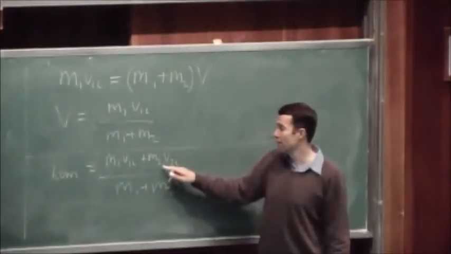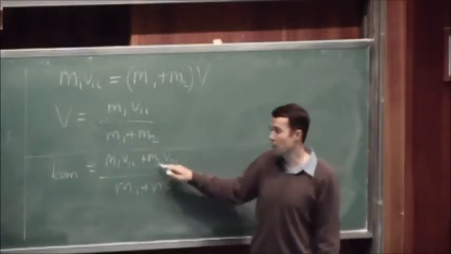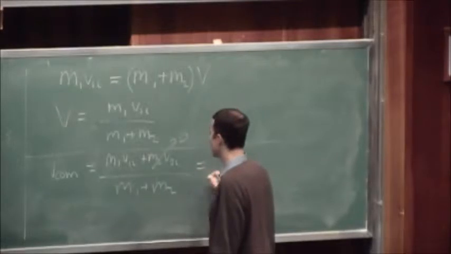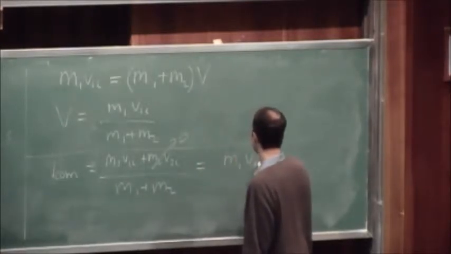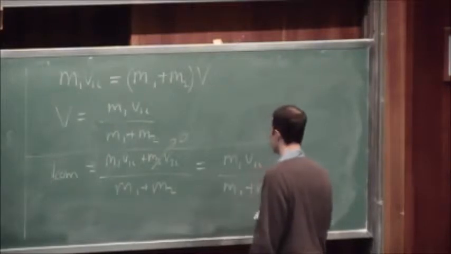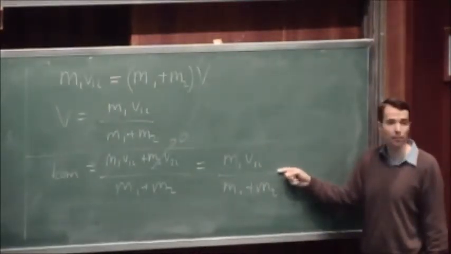But what was V2 initial? 0. It wasn't moving. It's a stationary target. And so we see that this is M1 V1 initial all over M1 plus M2. Does this look familiar?